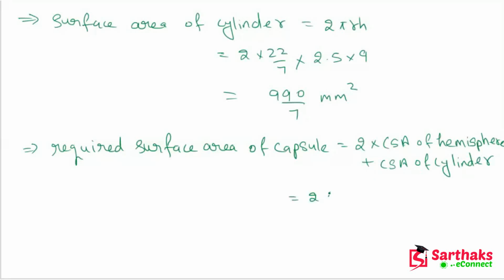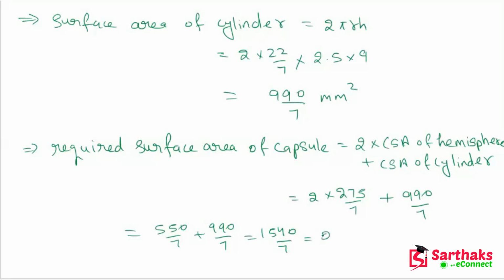So we get 2 into 275 upon 7 plus 990 upon 7. If we solve this, we get 550 upon 7 plus 990 upon 7, which is 1540 upon 7, which is 220 mm square. So this is our final answer. I hope my dear friends you understand these questions.